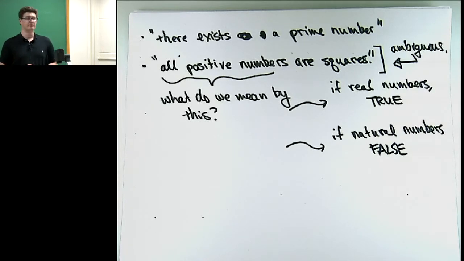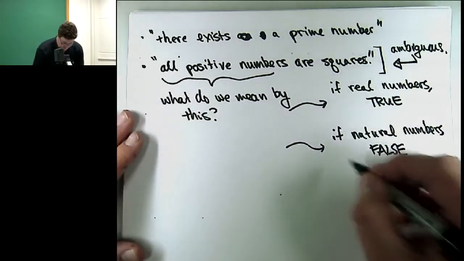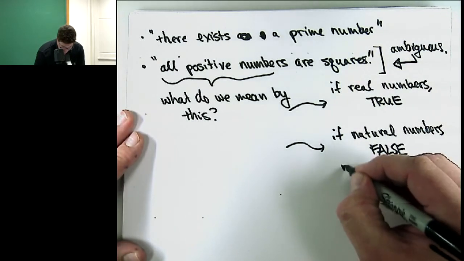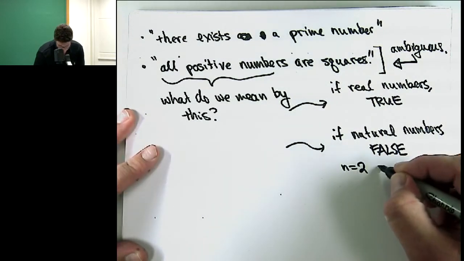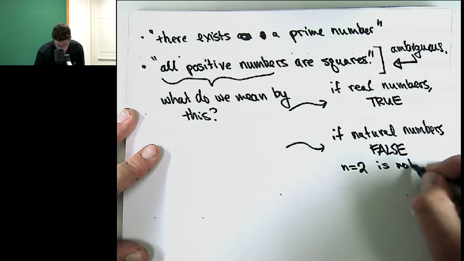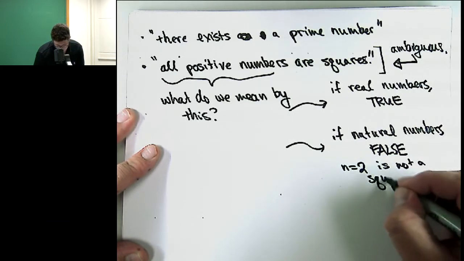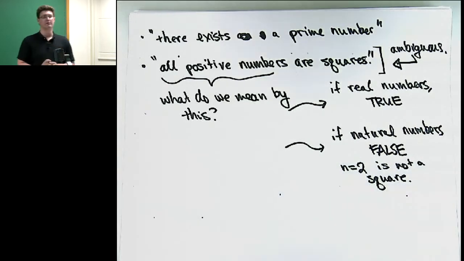Like 2. So in this case, n equal to 2 is not a square, if we're only considering squares where we're allowing multiplication by natural numbers. It's a square by a natural number.